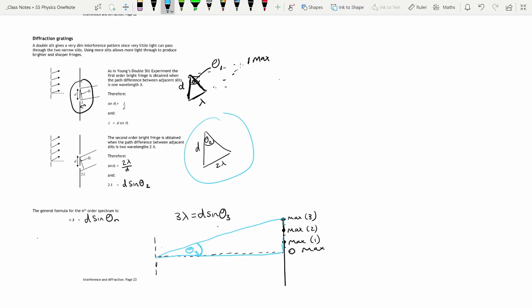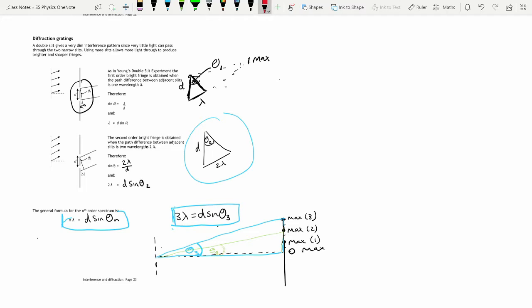You can apply that to this equation here. So if we wanted to find the wavelength and we were using the second maximum, we'd use this triangle here, and that would be theta 2.